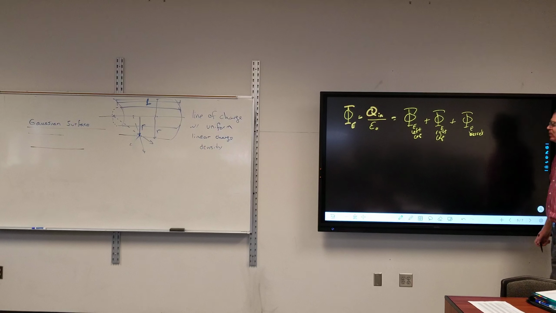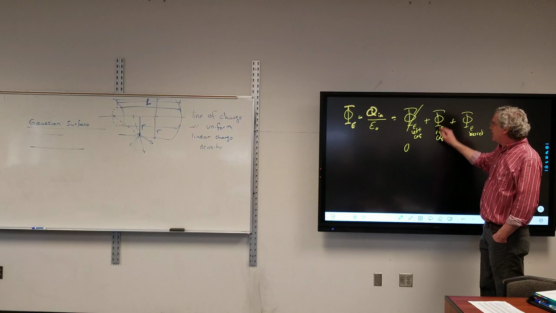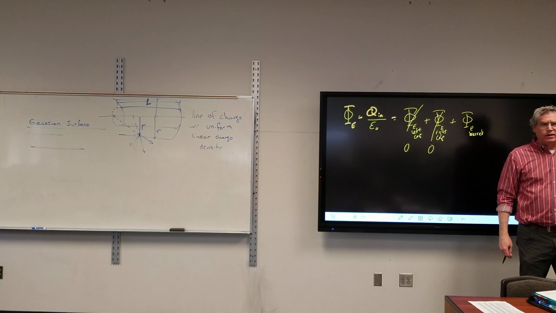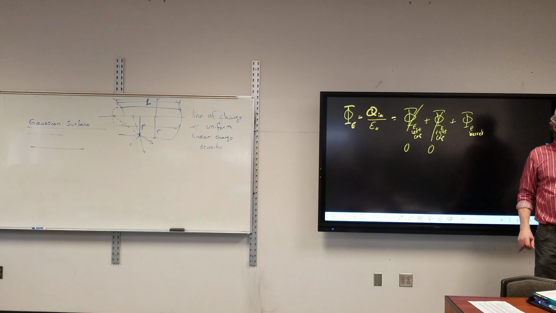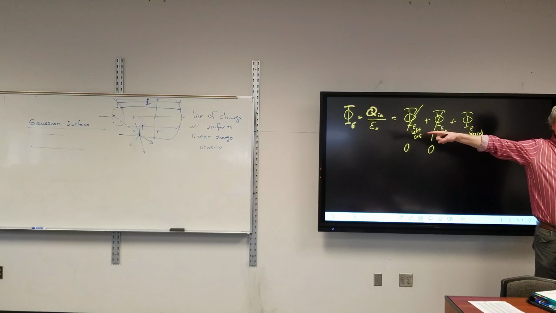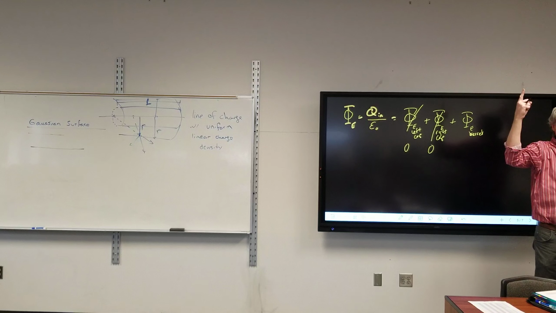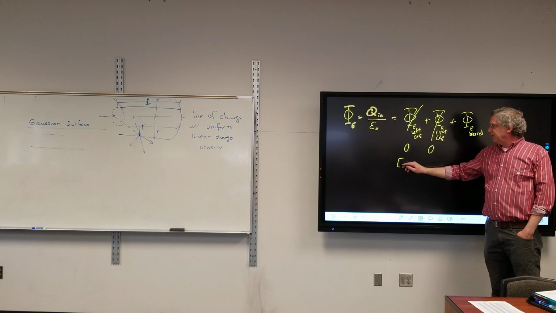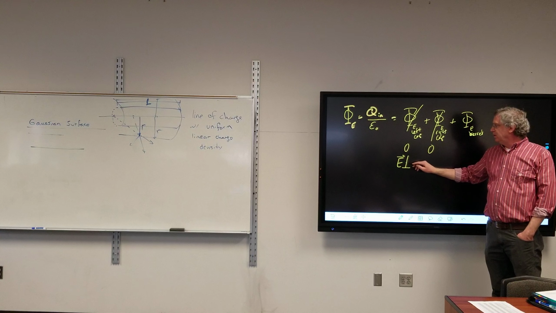I know that's 0, and that's 0, for the reason we spoke of: on the end caps, my area vectors are pointing parallel to the line, and my electric field is perpendicular to the line. So E is perpendicular to A.